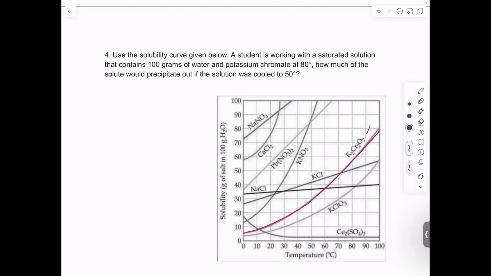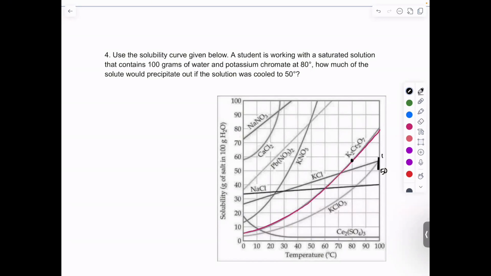Now let's see how much salt we can put in 100 grams of water for our potassium chromate. We're looking at 80 degrees here. I'm going to say 57. You could probably say 57 because it's between 50 and 60.